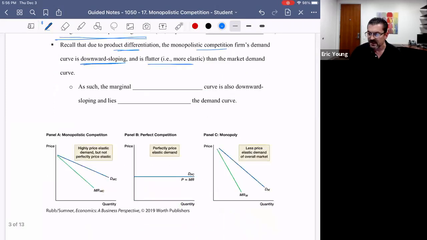What does this mean? Well, this means that the marginal revenue curve, which is an important curve, as you know, because we have to do MR equals MC. So because the demand curve is downward sloping, the marginal revenue curve will also be downward sloping. And as you know, the marginal revenue curve will always lie below the demand curve.